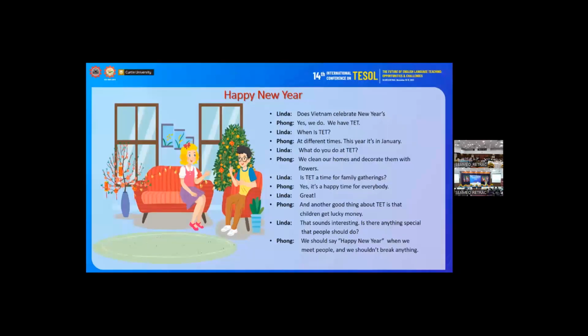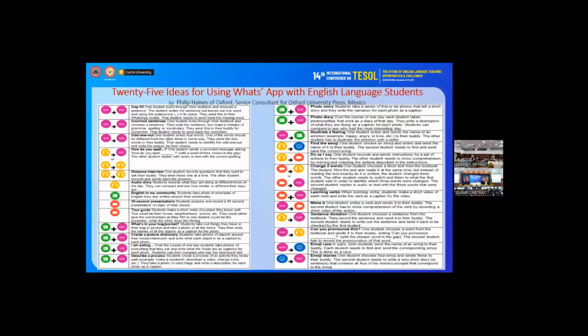And it says 25 ideas for using WhatsApp with English language students. Now, I know here you use Zalo, but it's the same principle. Give your students a partner. They can have the partner for 1 week, 1 month, 3 months, whatever. And they have assignments that they and the partner do in the classroom and at home.